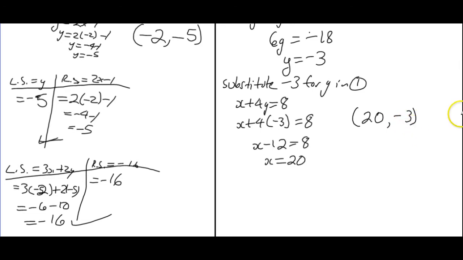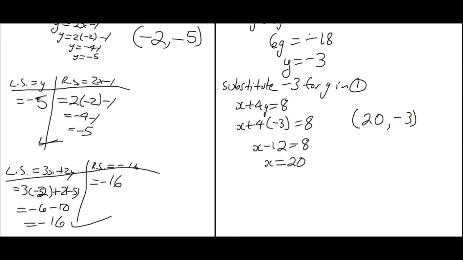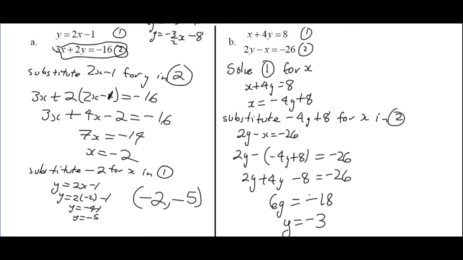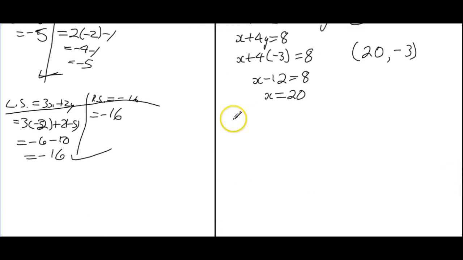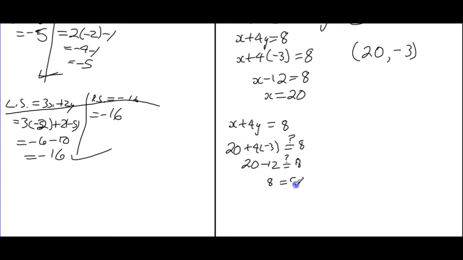Now we need to verify that, right? Just because we've solved doesn't mean we found the point. What if we made a mistake? So equation 1 is x plus 4y equals 8. So 20 plus 4 times negative 3 equals, with a question mark, 8. 20 minus 12 equals, with a question mark, 8. 8 equals 8. True.